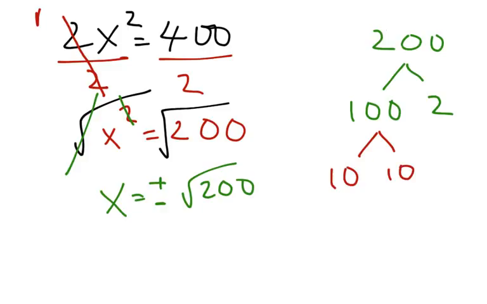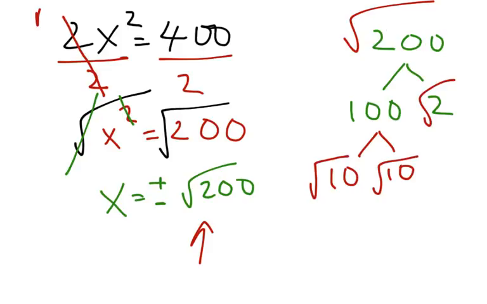Whenever we're doing radicals, remember that the 200 is inside the radical. For every two equal numbers that are inside the radical, one is going to come out of the radical.